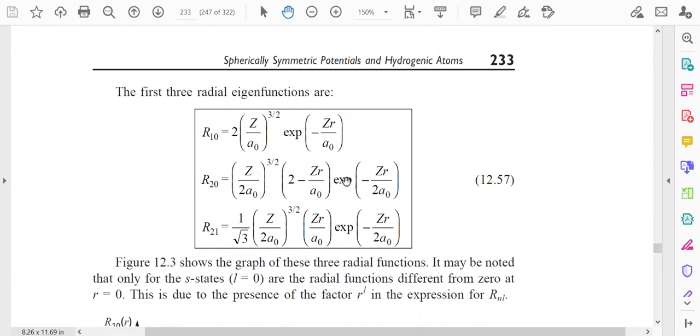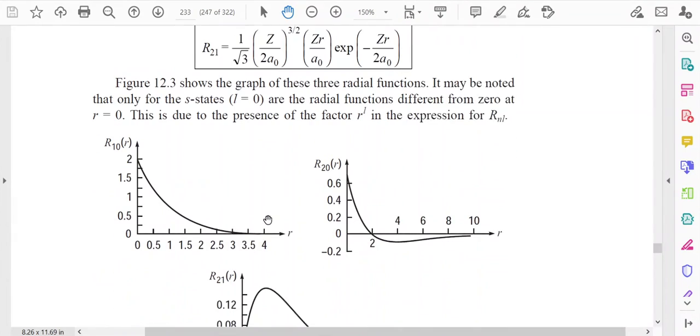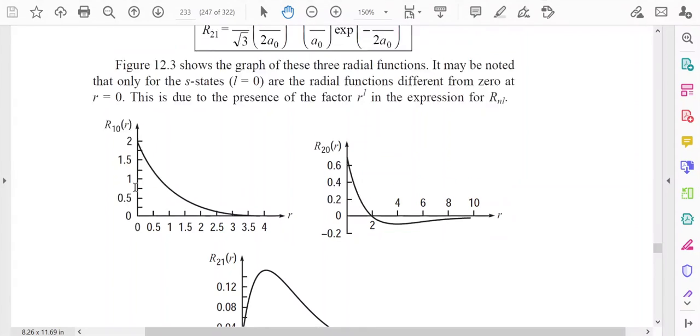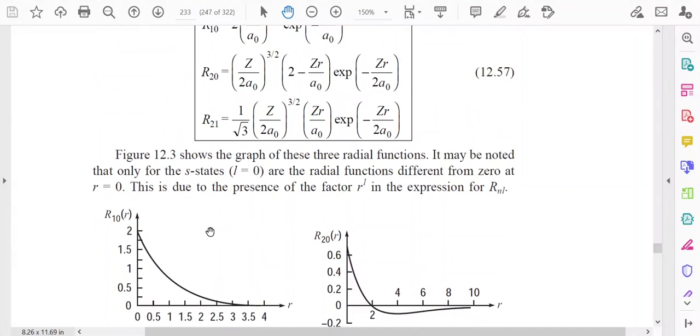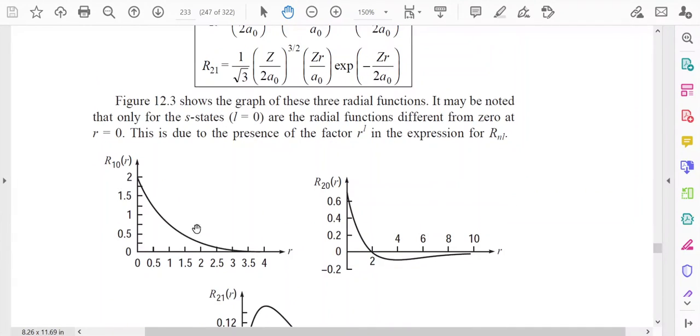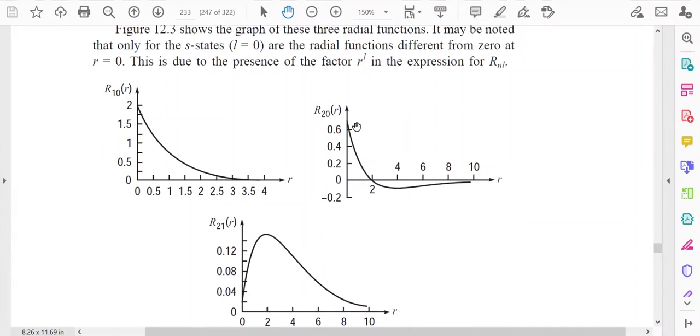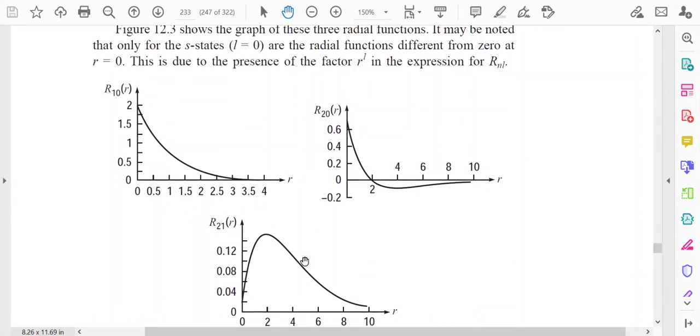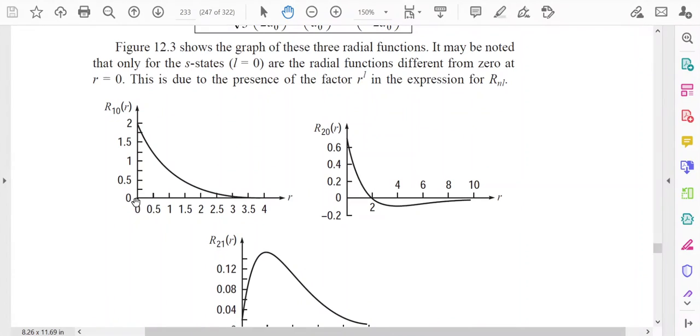We can also plot these wave functions. If we plot them graphically, the x-axis is the distance r, and the y-axis is the value of the radial wave function. This is the plot of R10, this is the plot of R20, and this is the plot of R21. Here at r equal to 0, R10 is not 0, and R20 is also not 0. Why?